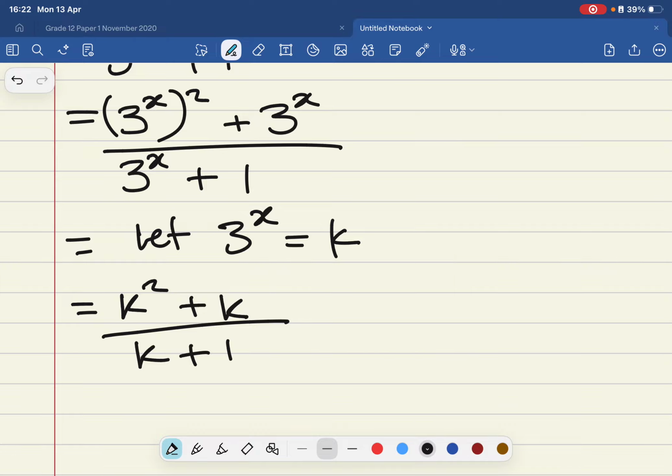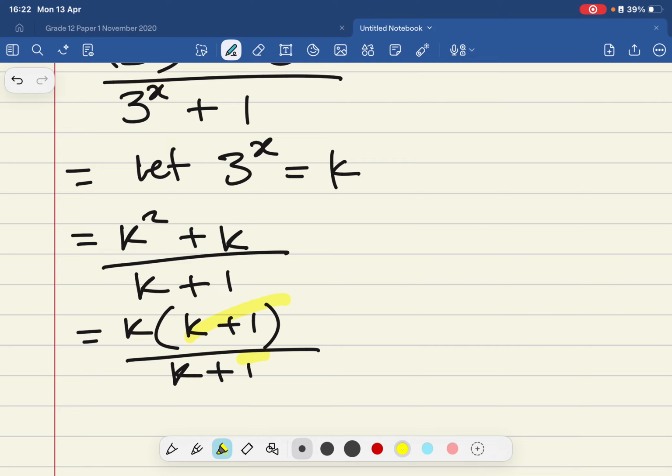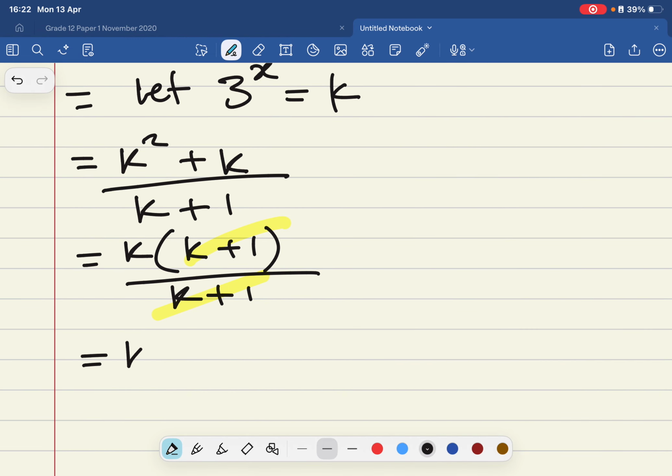On the numerator we have a common factor, which is k. Then you are left with k plus 1 over k plus 1, and this one and this one will divide each other, and you are left with k.